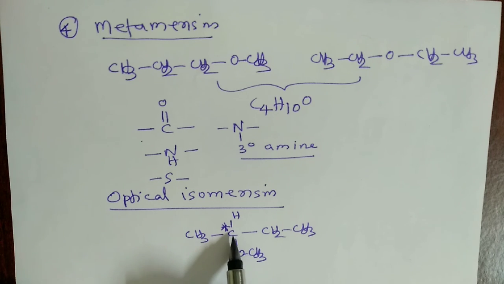The second carbon atom is asymmetric. It is bonded to 4 different atoms or a group of atoms. Hence, this compound can show optical isomerism. One isomer is having R configuration and other having S configuration. Or one is dextrorotatory and other is levorotatory.